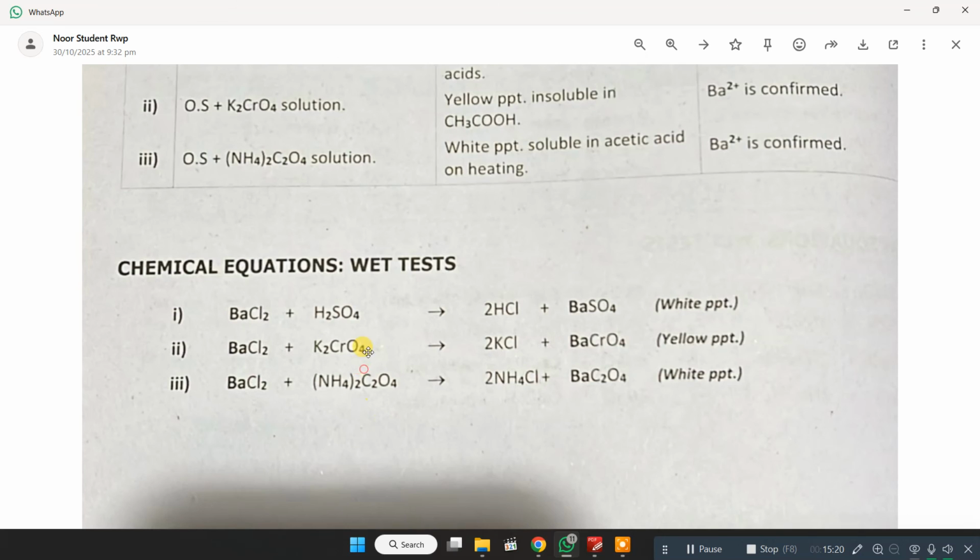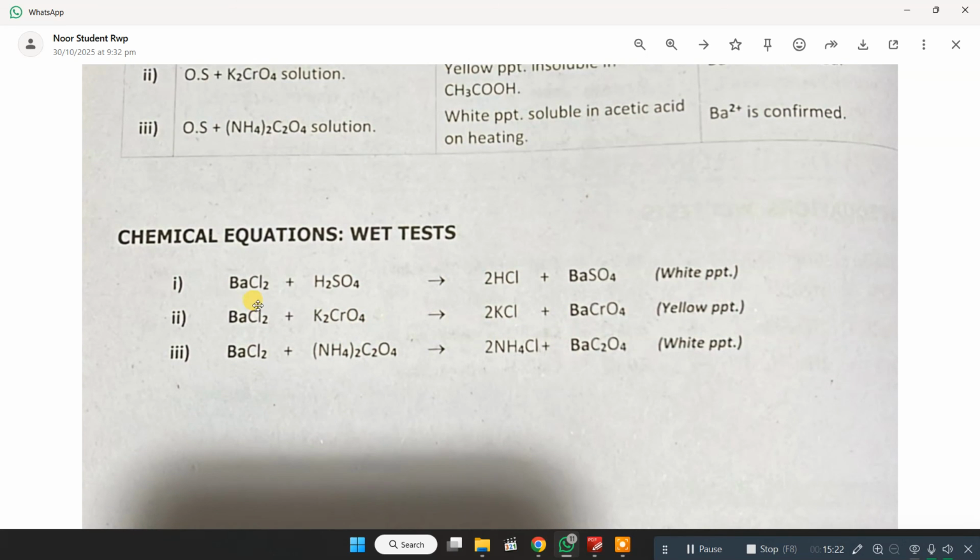Getting into the detailed discussion of the equations, first of all, we have three types of equations. All of them start with the original solution, which is the barium chloride, or basically the solution of some salt of that ion. In the first case we have sulfuric acid producing hydrochloric acid as well as barium sulfate, so another salt has been generated.